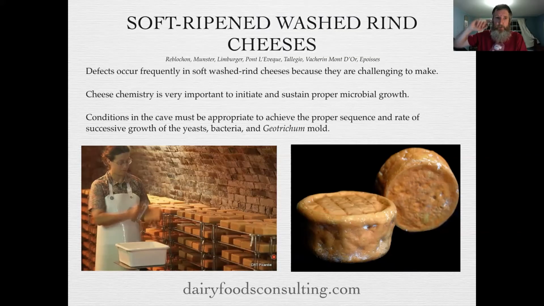But I think what's important to recognize is that if you do a good job as a cheese maker in the make room, getting the cheese chemistry right, by the time the cheese is ready to go into the drying room, then you're already on your way to getting good microbial growth, the proper kind of microbes growing in at the right time. And then of secondary importance are the conditions in the cave. So we're going to take a look on this next slide to show the successive growth of the rind microbes.